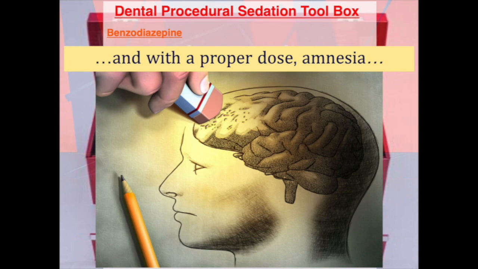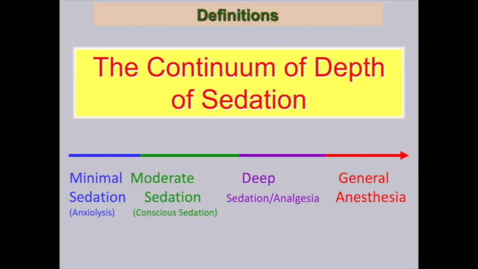So if we looked at the depth of sedation, covering and talking about amnesia, we've got different levels. We've got minimal sedation, moderate sedation, also called conscious sedation. Minimal sedation is called anxiolysis. We've got deep sedation, analgesia, and then general anesthesia.